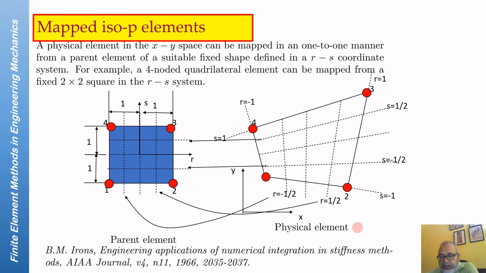Now, here is the idea that was first proposed in this paper in 1966. And the idea is this. Suppose I have a physical element which is there in your mesh, which is a quadrilateral flanked by four nodes. So they are numbered 1, 2, 3, 4 as shown.